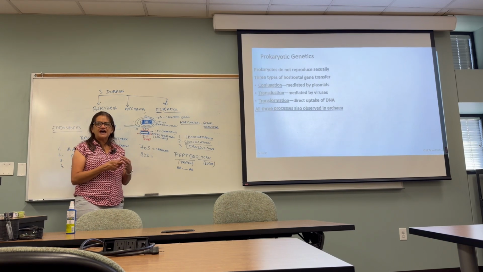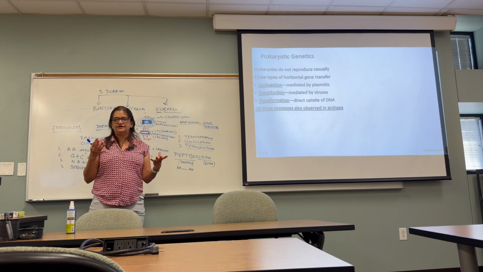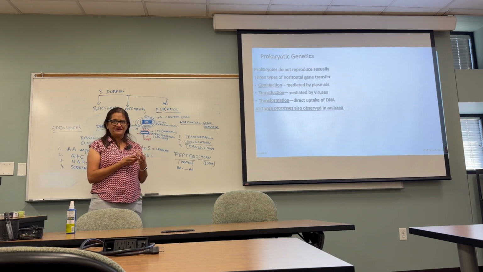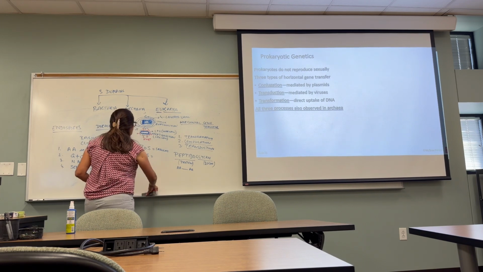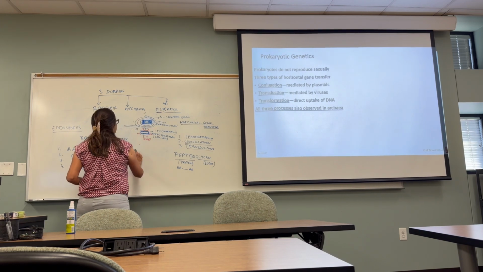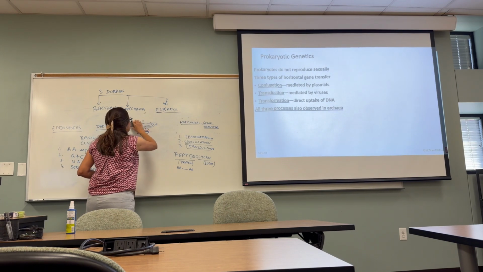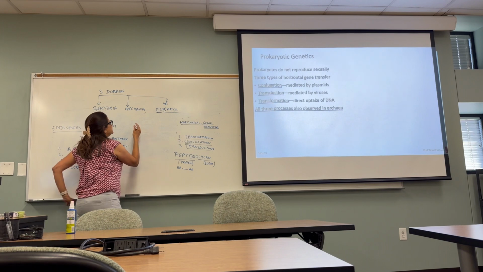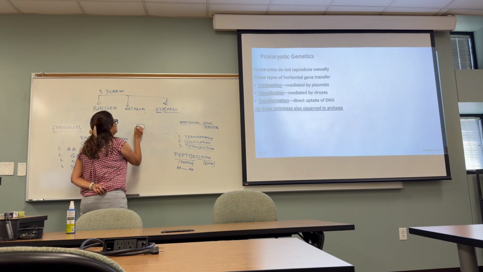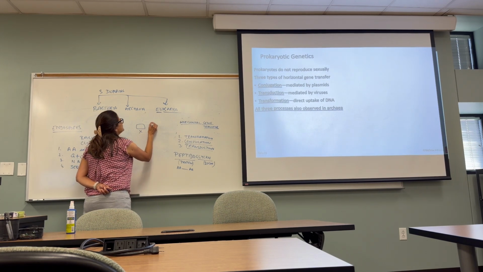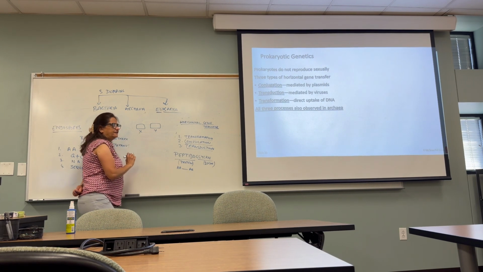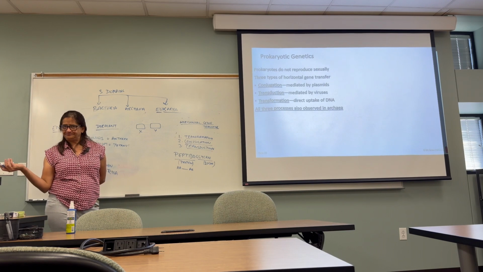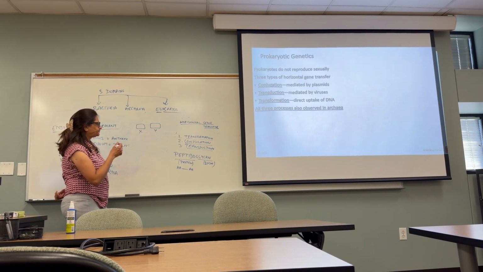Bacteria X is a different individual, right? Bacteria Y is a different individual, right? So what is happening here is that there is a little bit of transfer of the gene from one cell to another. Let's say this is bacteria X and this is bacteria Y. Now, obviously, each individual has a different set of genes, right?